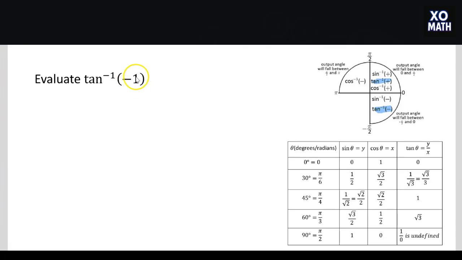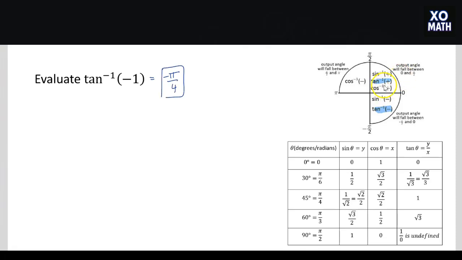Well, I'm going to look for the output of 1 down the tangent column and recognize that it came from an angle of pi over 4. But since the angle has to come from quadrant 4 in the negative direction, I can simply put a negative in front of the angle. So the answer here is going to be -pi over 4.